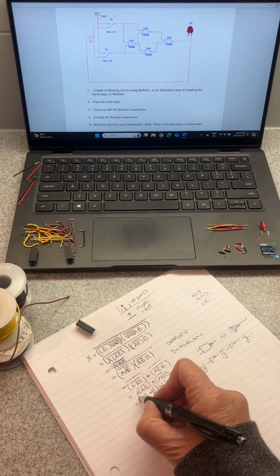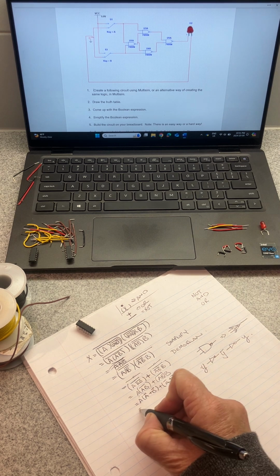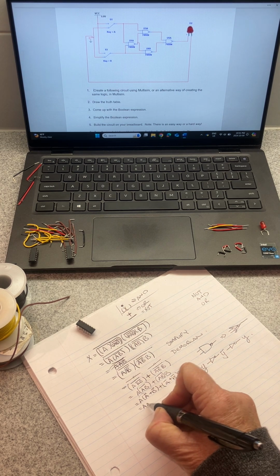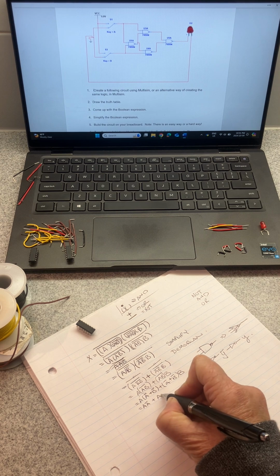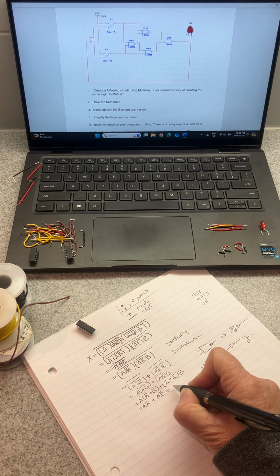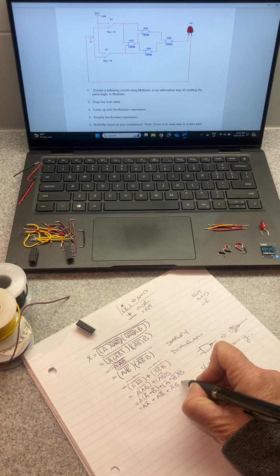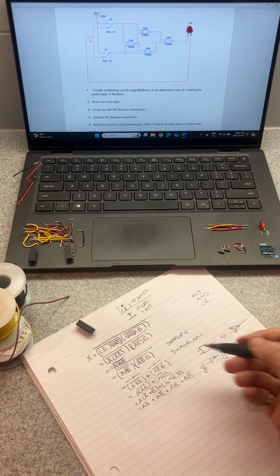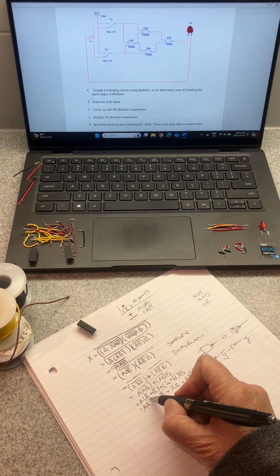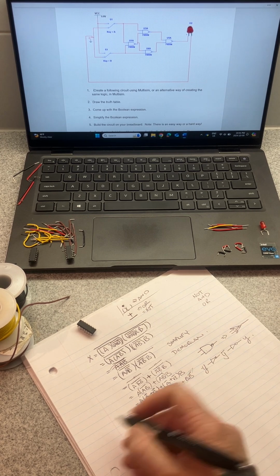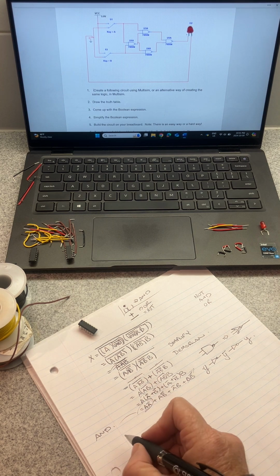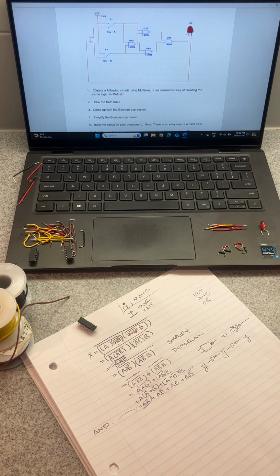Now let's distribute across, because we can do the distributive law in Boolean algebra as well as regular algebra. We want to keep things in alphabetical order. And now I think about this. I don't say this goes to 0. I think about it and I say, this is an AND gate. It's going through an AND gate, and an AND gate is only going to have a high output if both inputs are high.